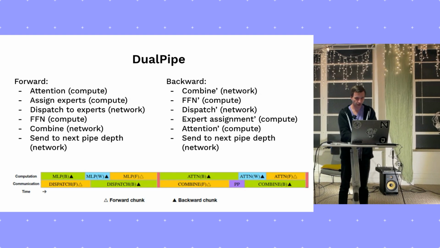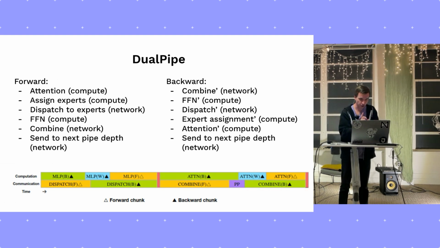It doesn't show expert assignment here, but then attention, and sending back to the previous pipe depth, this is PP. PP is the pipelining, the communication. But the forward pass begins in the middle, right? It begins with dispatch, which is right here. So the backward pass and the forward pass are not aligned. They're slightly shifted relative to each other.